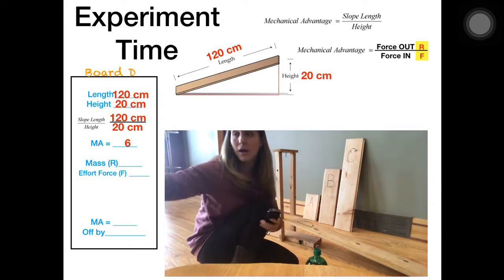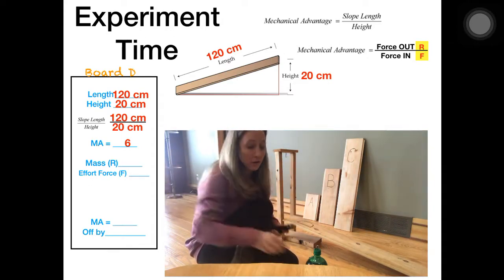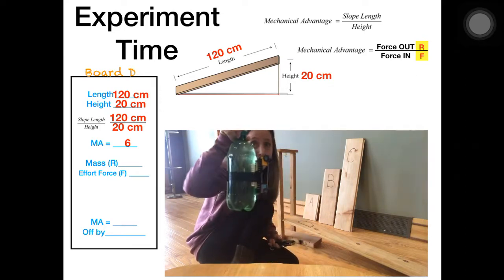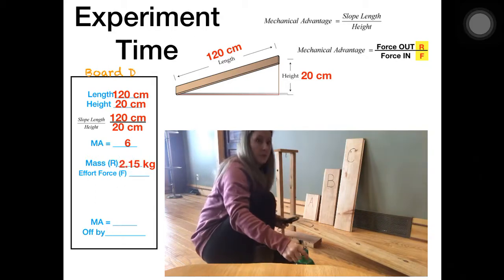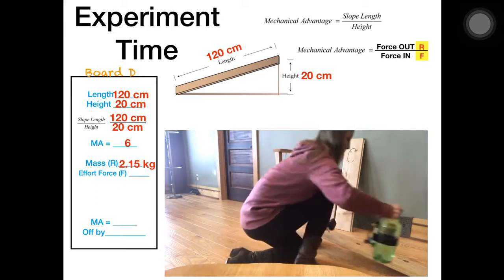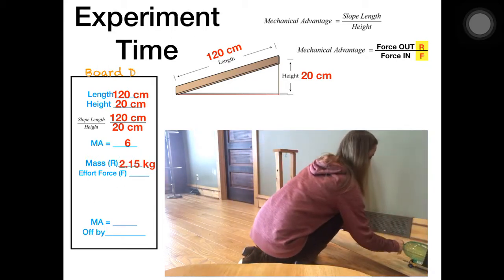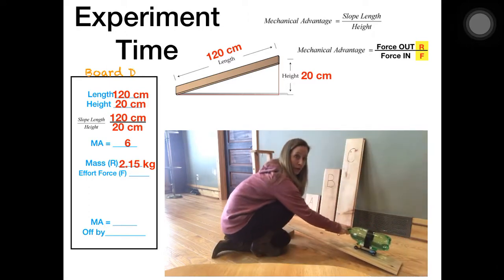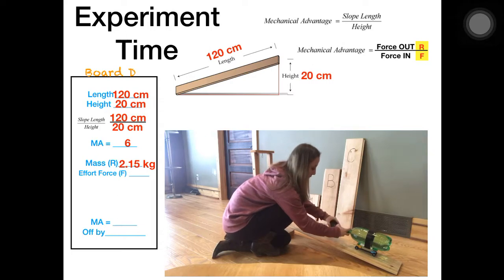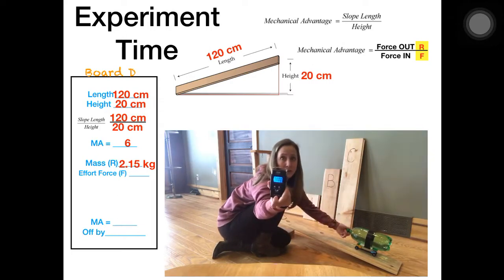So we already know that the mass, the R of our bottle with the little car on it, hasn't changed. It is 2.15. Okay, and we're going to go ahead and set it right here. I'm gonna move the whole thing back just a little bit so you can see it. Set it right here. I'm gonna turn it on. Make sure we're at zeros there. We are.